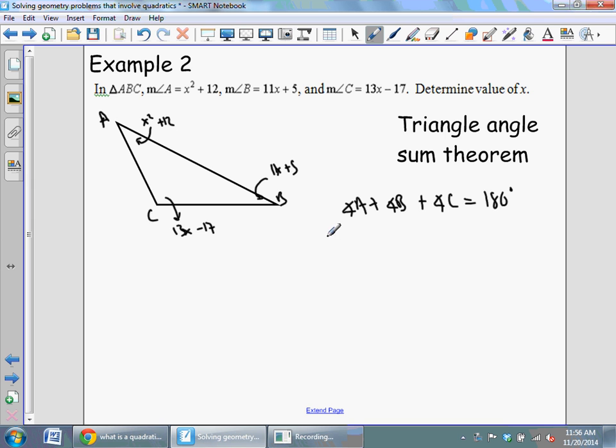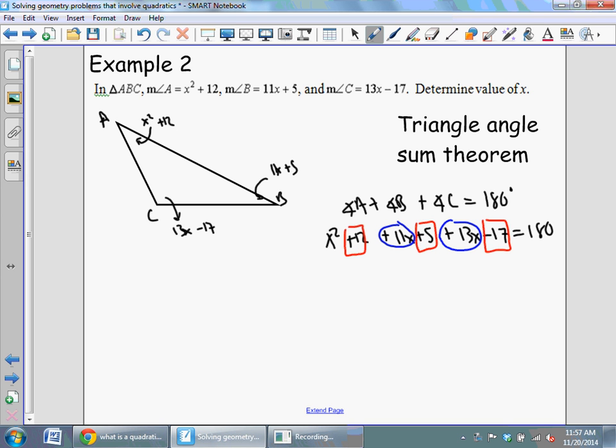So we substitute. We get x squared plus 12, that's angle A, plus angle B, 11x plus 5, plus angle C, 13x minus 17, equals 180. So here I'm going to combine the like terms. So I got 11x and 13x. And then I also have to combine the plus 12 with the plus 5 and with the minus 17.